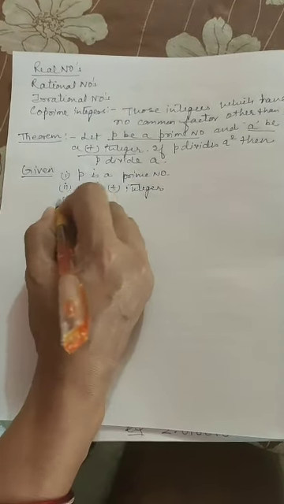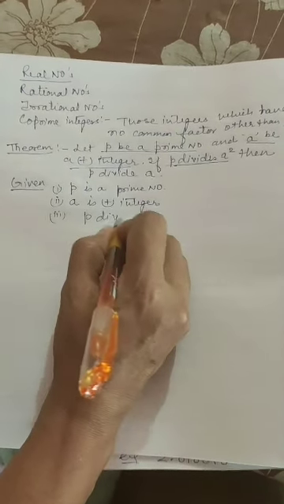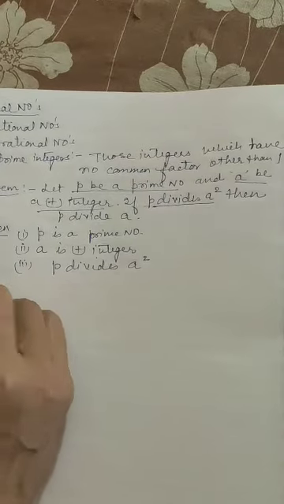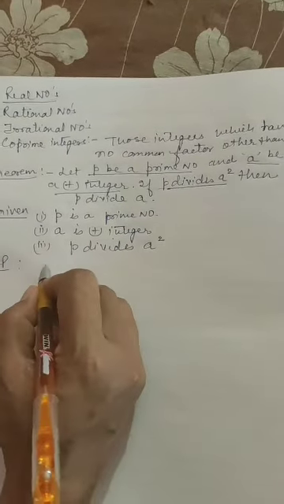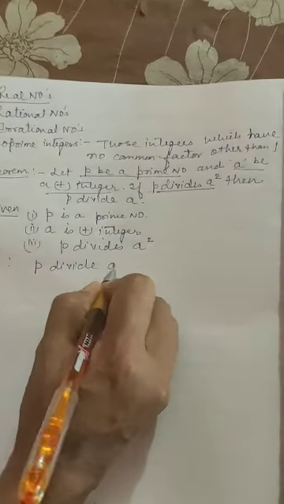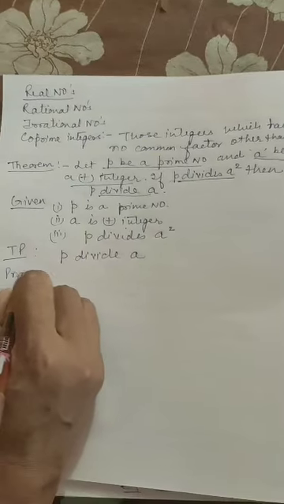The third thing that is given is p divides a square. To prove, we have to prove that p divides a. Let's see the proof of it.